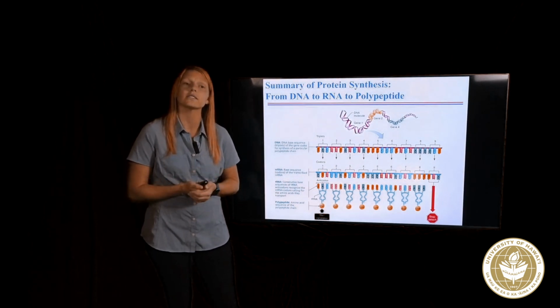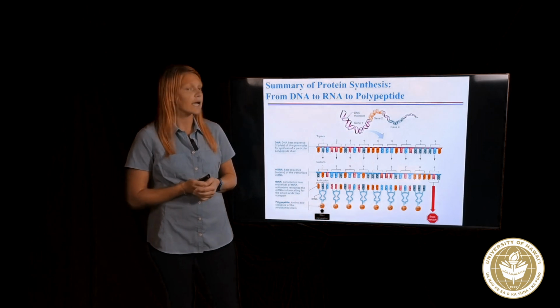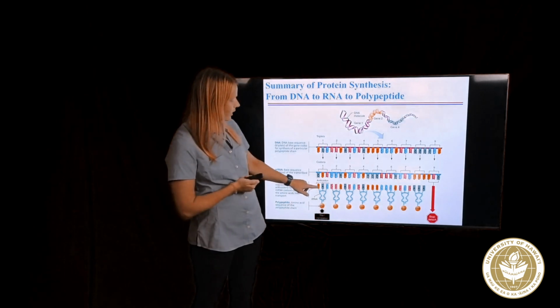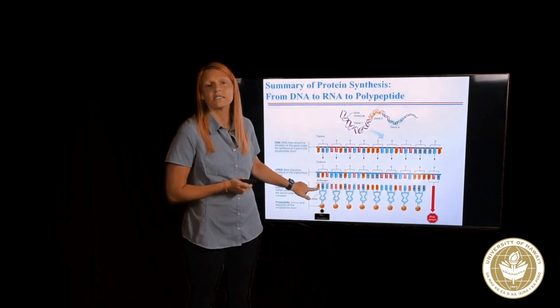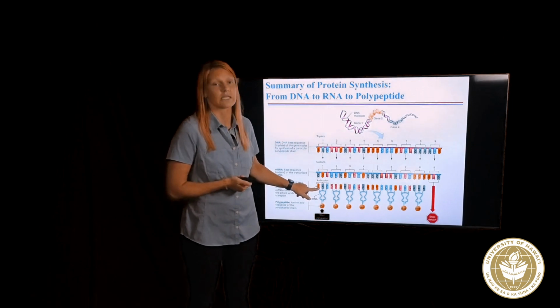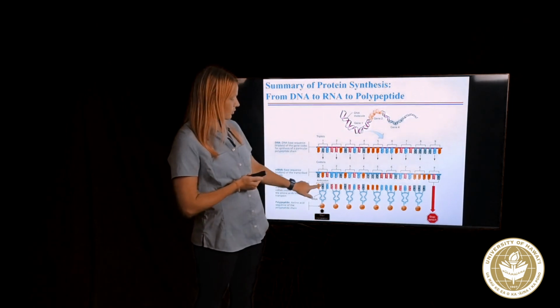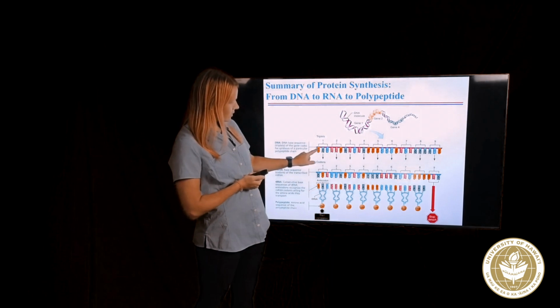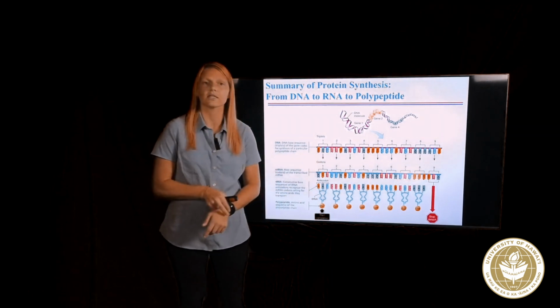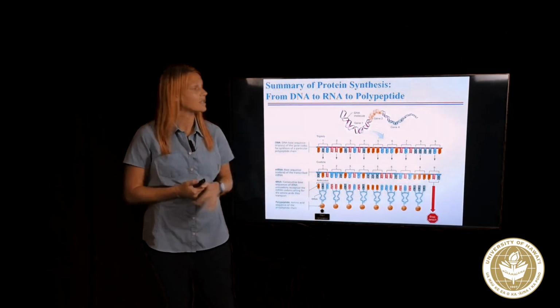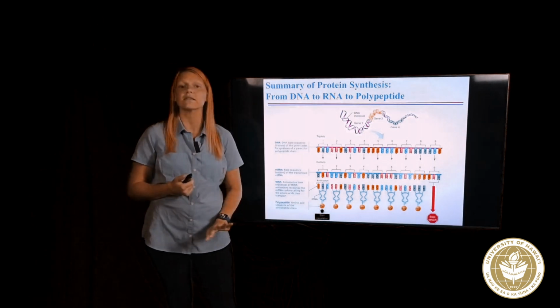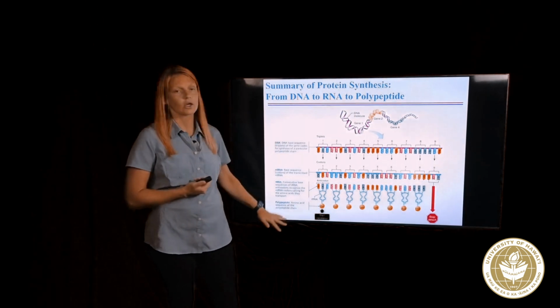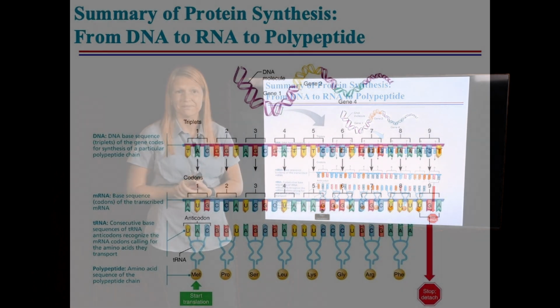And the anticodon sequence of tRNA is actually identical, if you look here, to your DNA sequence, except that uracil is substituted for thymine. So UAC, TAC. So that's the only difference there. So this is that process of protein synthesis, starting at DNA, going to your protein.